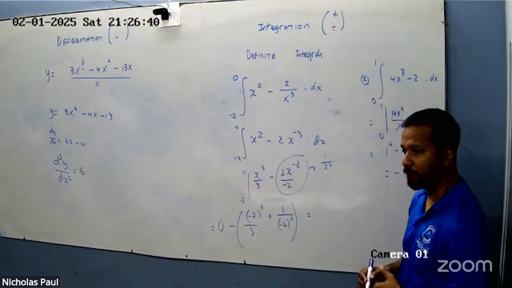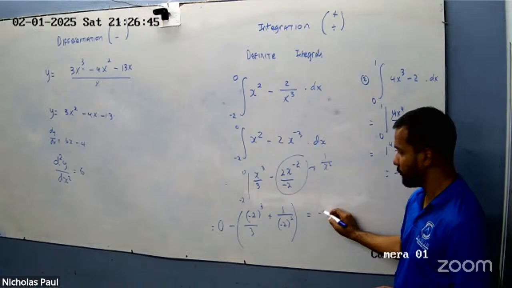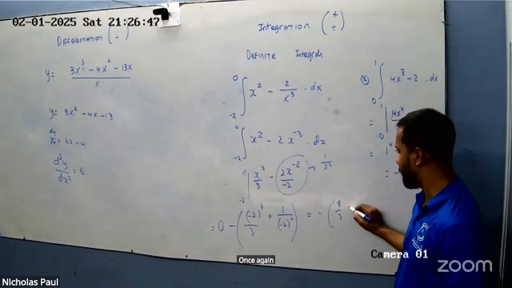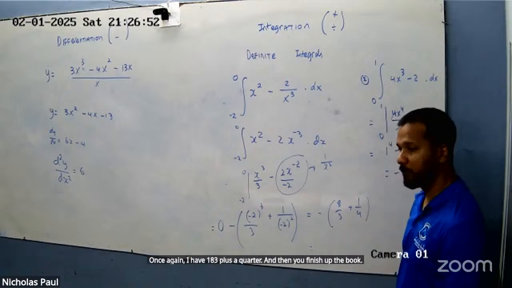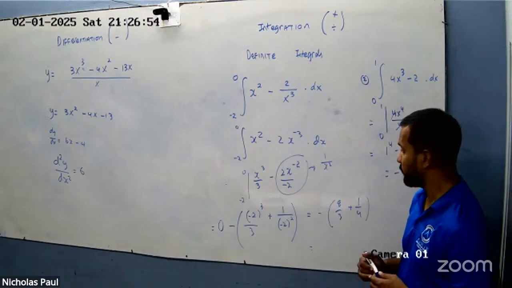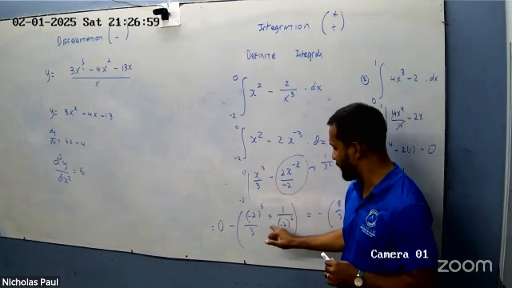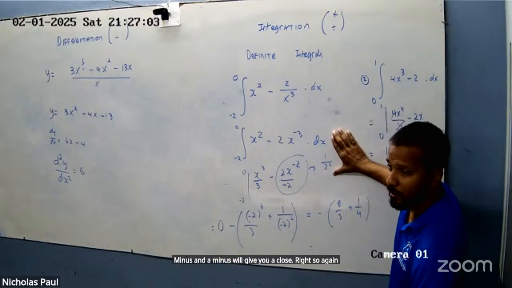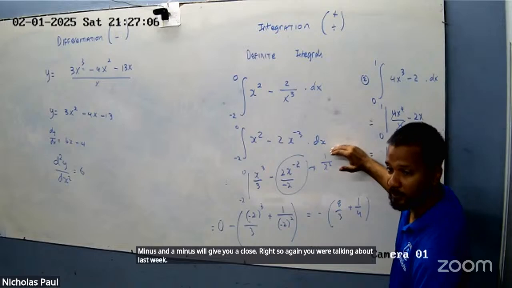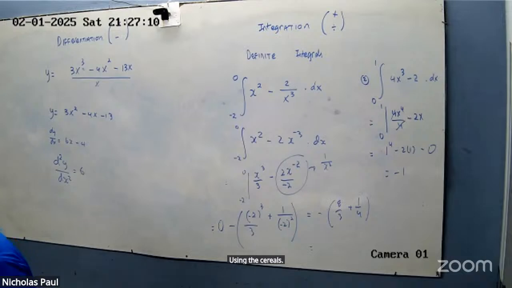What you get is 8 over 3 plus a quarter, and then you finish up. A minus and a minus will give you a plus. Again, the thing we were talking about last week, this is going to simplify properly using the rules. All right, that's it, copy it down, and that is it for today.